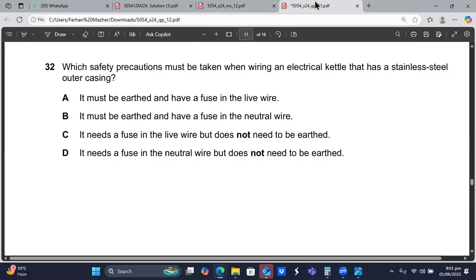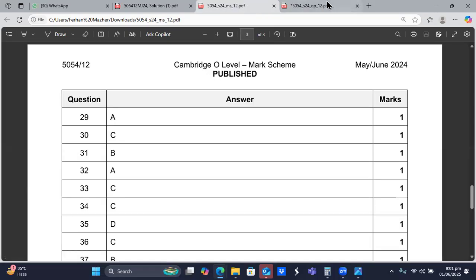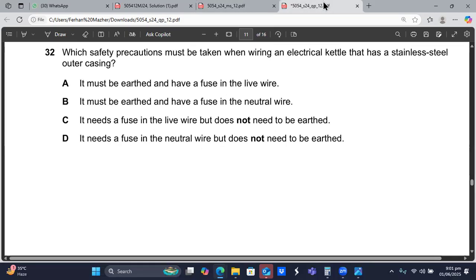Earth wire and ground wire are the same thing. Its outer casing must be connected to a ground wire or earth wire, and there should be a fuse in the live wire. It must be earthed and have a fuse in the live wire, sir. A is the 100% accurate answer, I think. Question number 32, A is the right answer, sir.